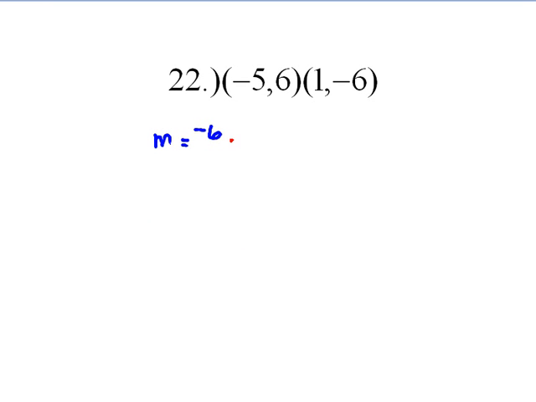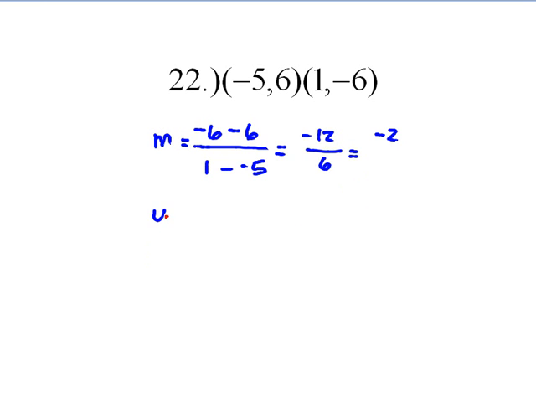Y2 minus y1 over x2 minus a negative 5. So that equals negative 12 over 6. That equals a negative 2.